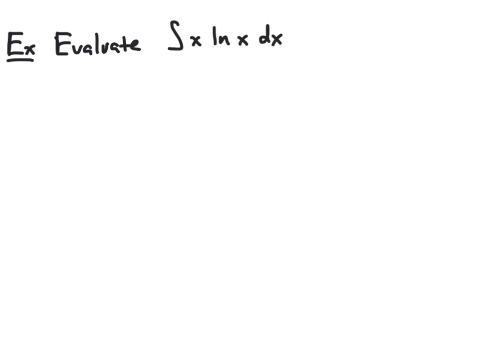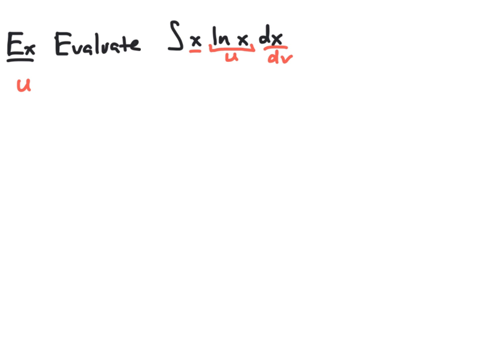Here, our only option is then to pick natural log of x to be u and x dx to be dv. This will allow us to both differentiate u and anti-differentiate dv in order to have all of the terms that we need to apply integration by parts.